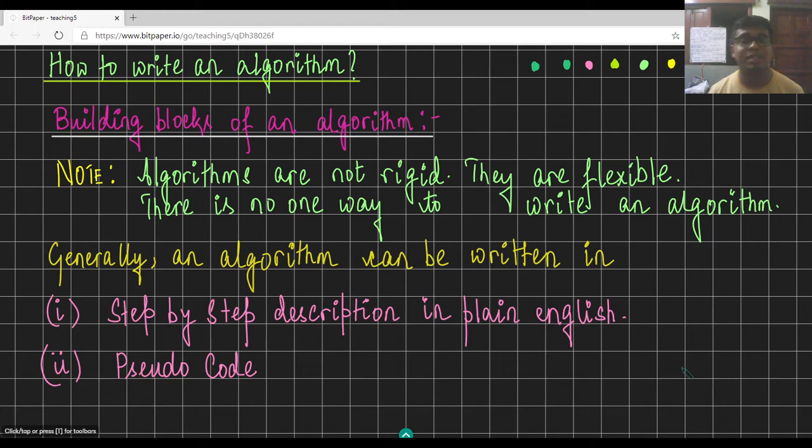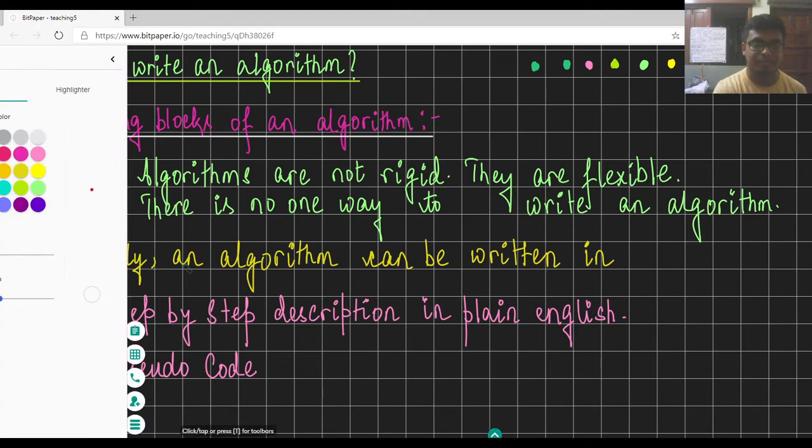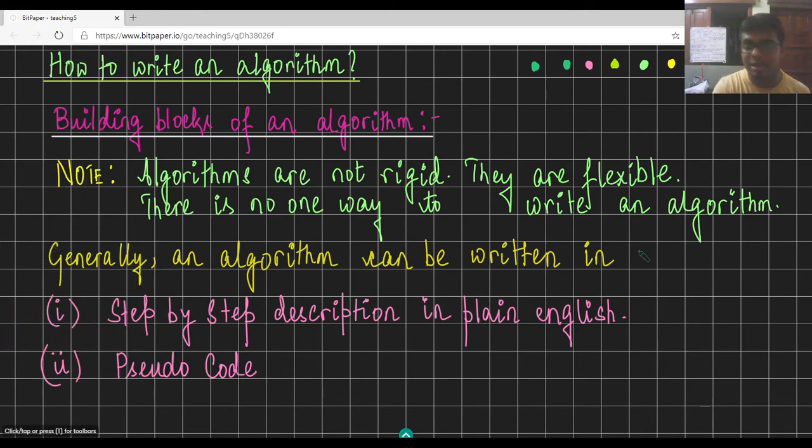Now, when I was in ISC, I was taught to write algorithms in step-by-step fashion, right? Description of each step in plain English. Therefore, that's what I'm going to cover next. Now, I learned pseudocode a way later when I came to college, so I'm going to prefer this for ISC.